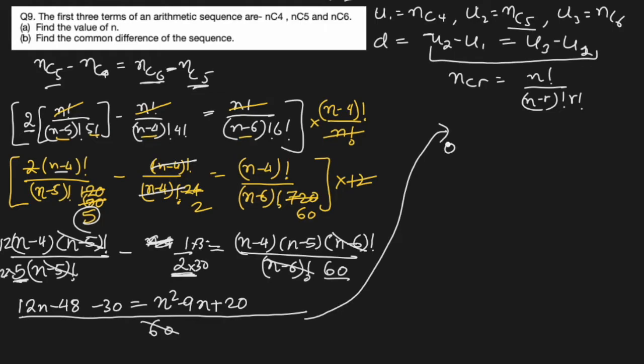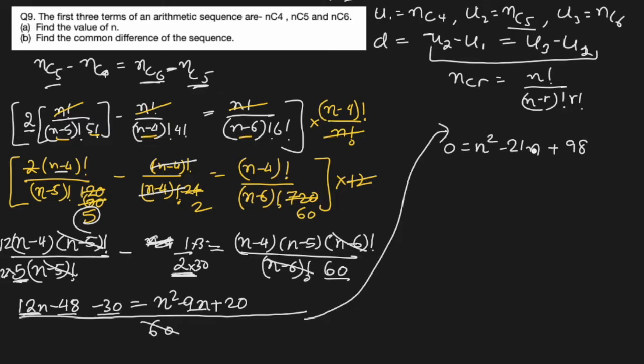Let's bring everything to the left side. There is no n squared here. Minus 9n minus 12n becomes minus 21n. Minus 48 minus 30 is minus 78, but when it comes to the other side, it becomes plus 78.